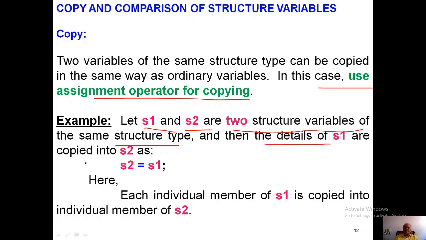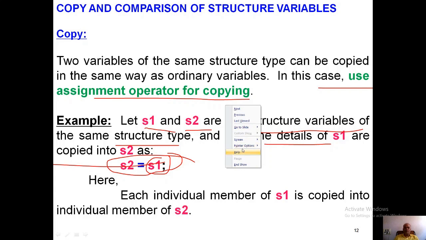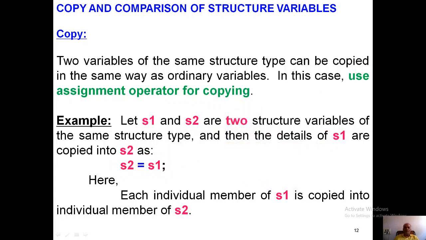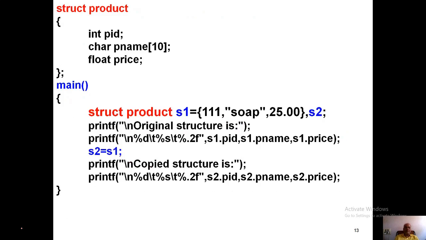Here the details of S1 are copied to S2 by simply writing S2 equal to S1. Then S1 contents will be copied to S2. How is this possible? Only when both are the same structure. Here each individual member of S1 is copied into the individual member of S2. So copying is nothing but a similar copy specification using the assignment operator.